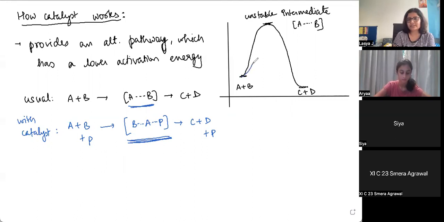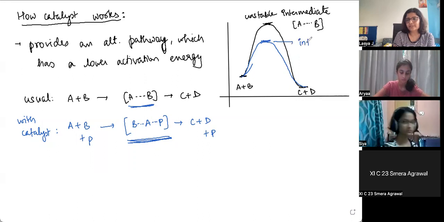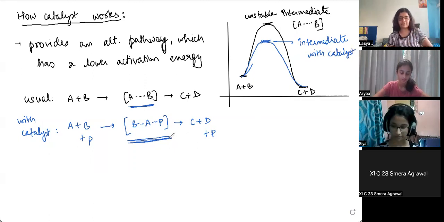So with catalyst, we'll start looking like this. So this is the intermediate with catalyst. This is what we mean by an alternate pathway.